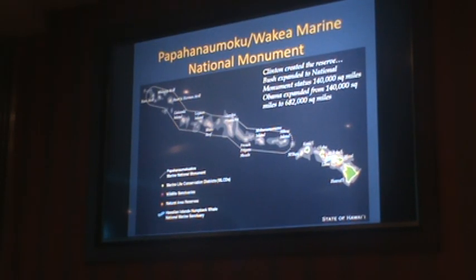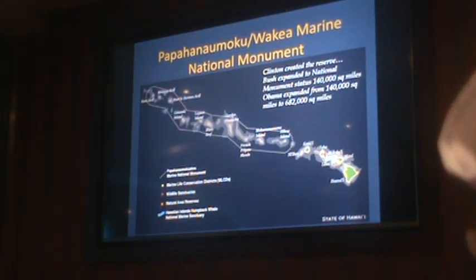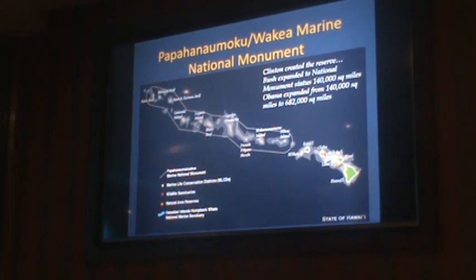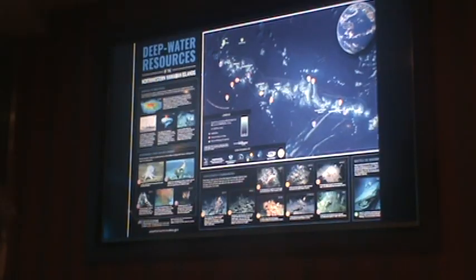Papahanaumokuakea Marine. Because the E is always pronounced as an A, right? Papahanaumokuakea Marine National Monument. And that is a Hawaiian name for the 2 spiritual entities or gods, the mother and the father of Earth. There's a whole story around that.